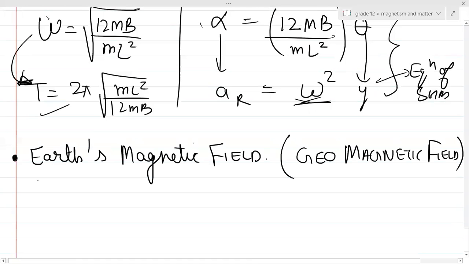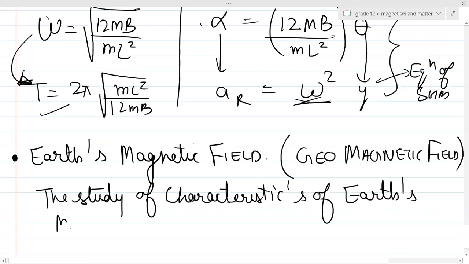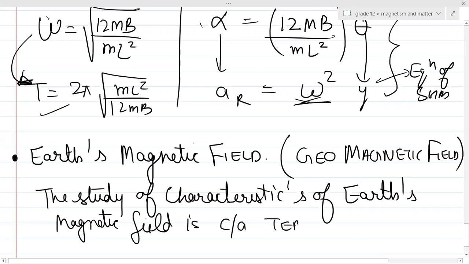Okay. The first thing which we'll write in this particular topic is basically: the study of characteristics of Earth's magnetic field is called terrestrial magnetism.